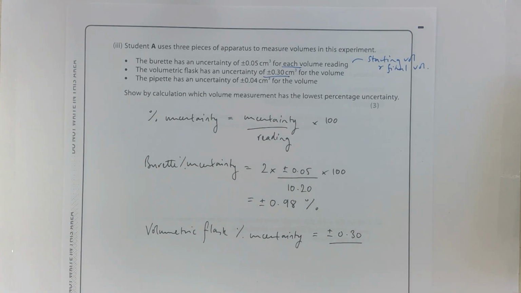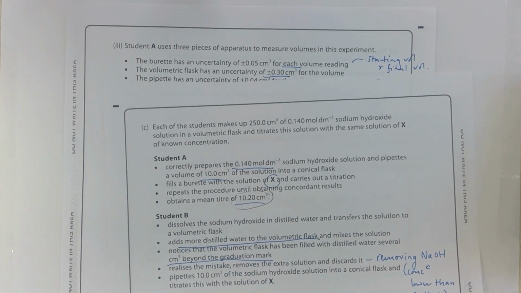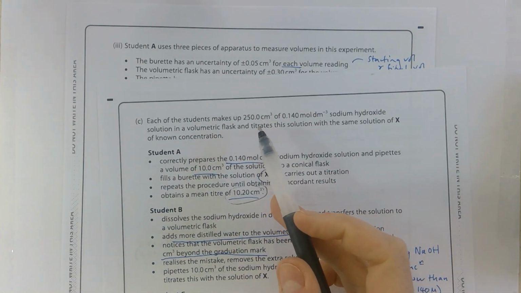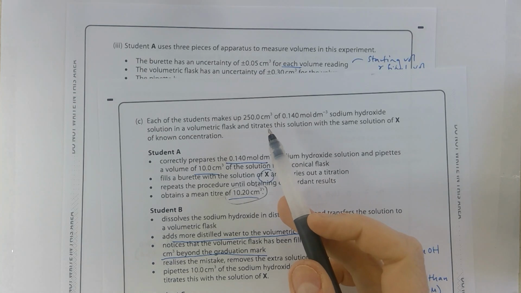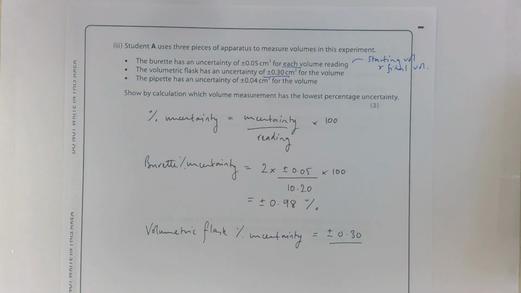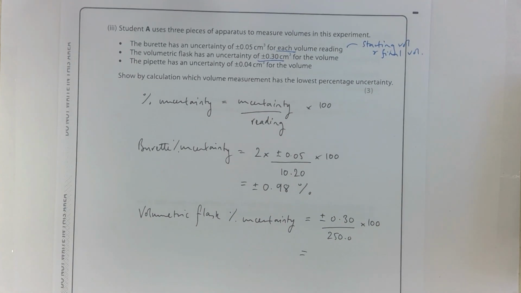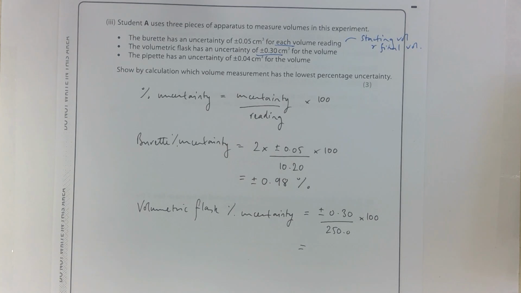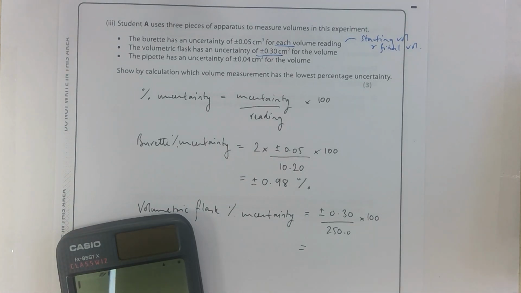So if I go back to my information again, it's 250 cm³ are made up. So we divide by 250 and put that through the calculator. 0.12%.